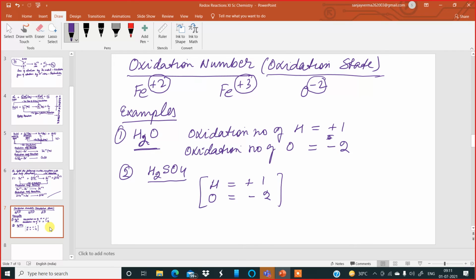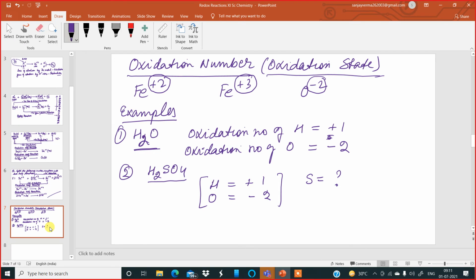But how will you get the oxidation number of sulfur? Sulfur has variable valency, so that has to be worked out. Sulfur we don't know. Let us calculate now. This is what I want to teach you.